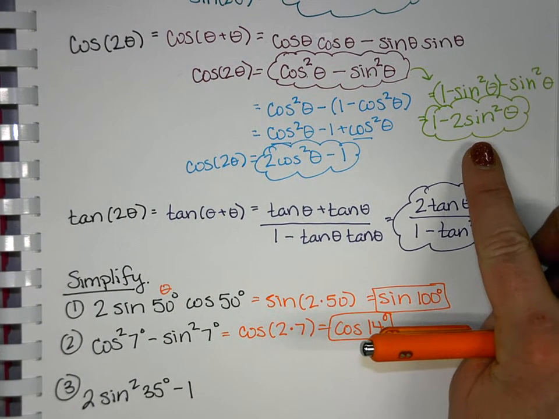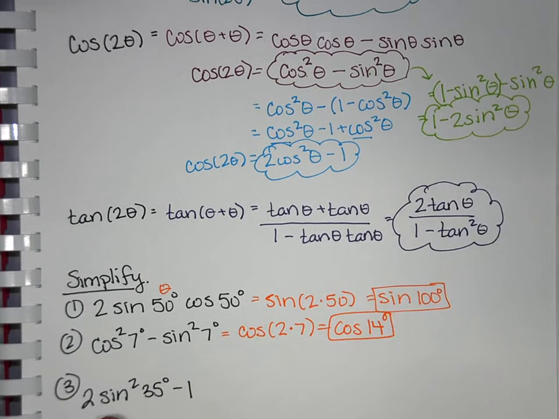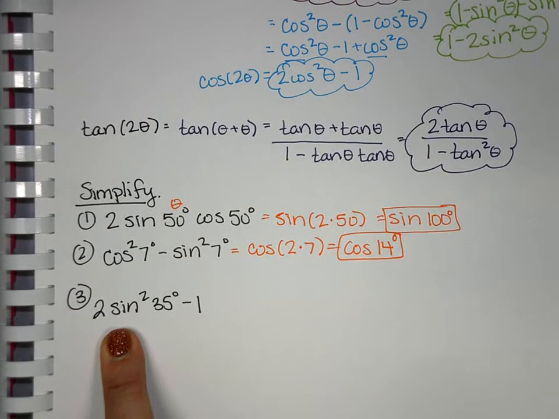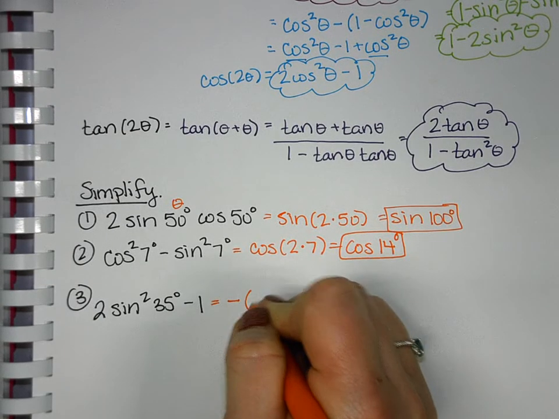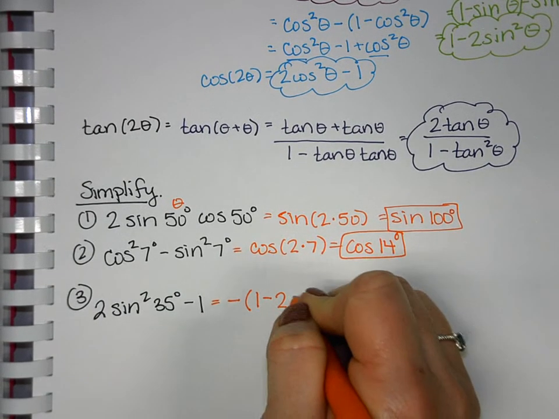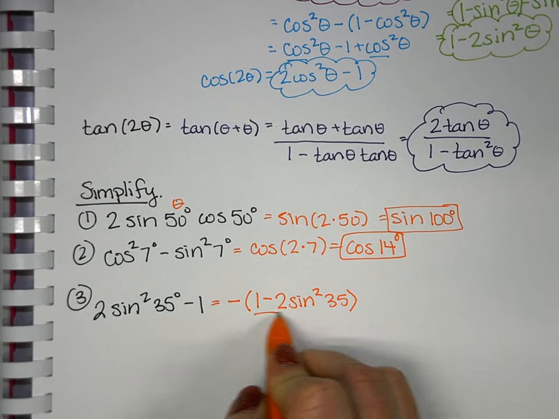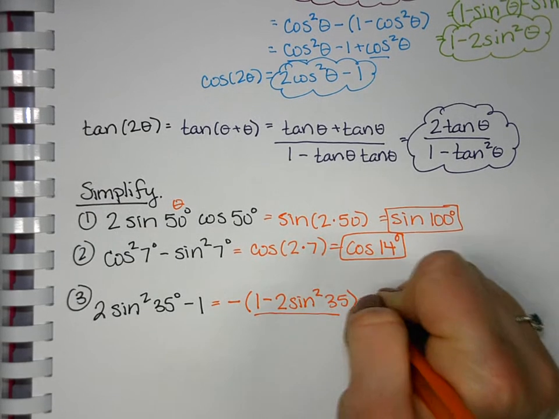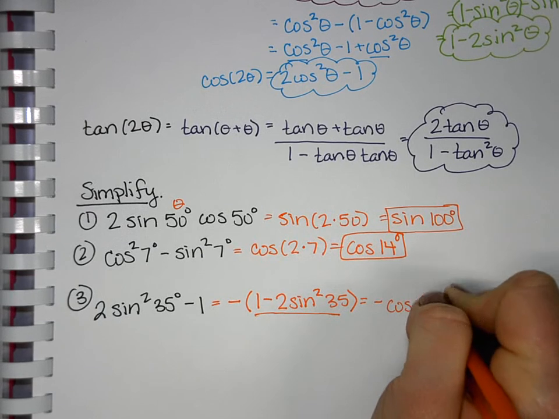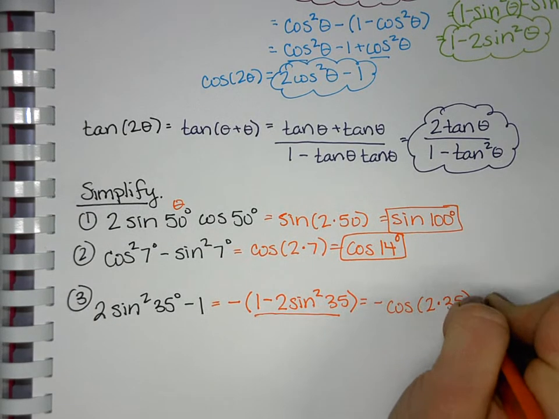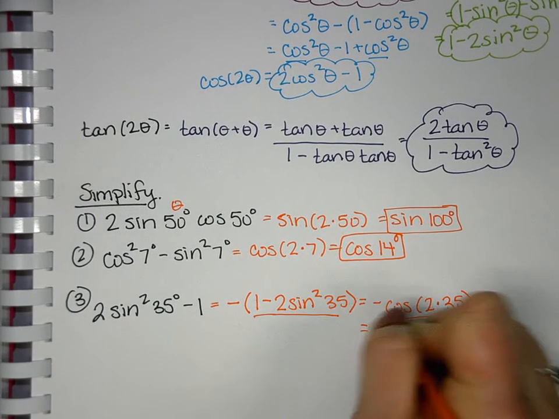The only problem is that here the 1 is positive and the 2 is negative, whereas in my situation, my 2 is positive and my 1 is negative. So if I were to factor out a negative 1, I can switch my signs, which now matches my cosine double angle. So in place of all of this, I can put cosine of 2 times 35. That would give me negative cosine of 70 degrees. And that would be as simple as we get.